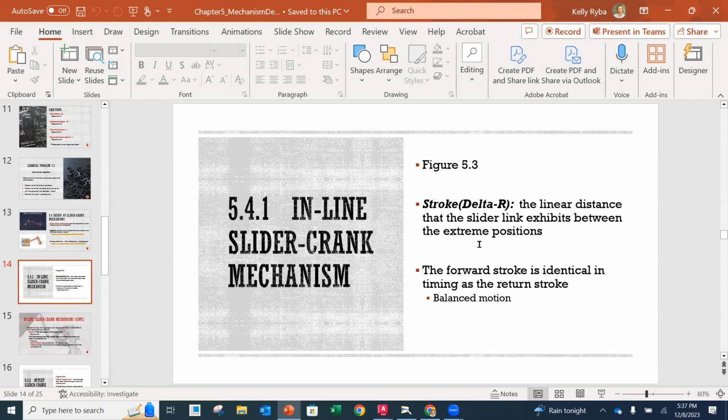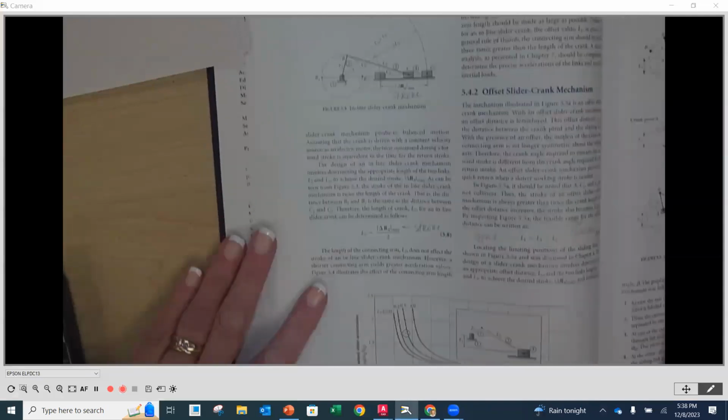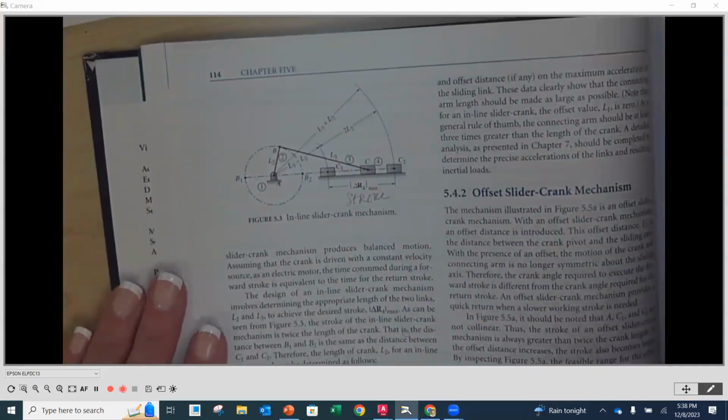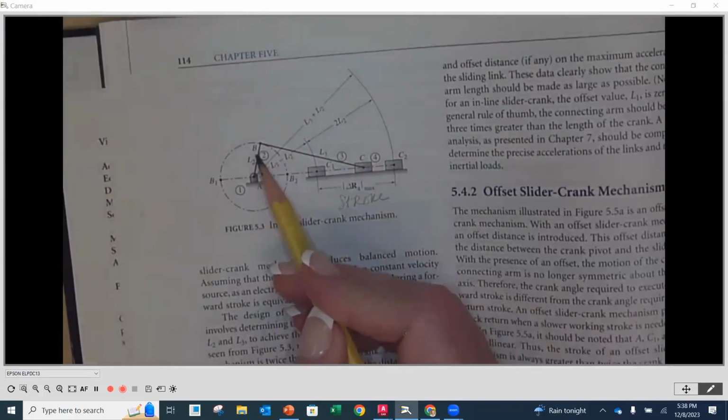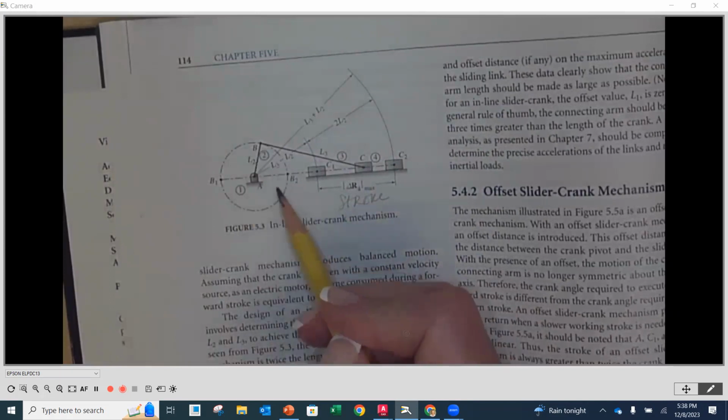So inline crank slider. If we look at our illustration, it looks like figure 5.3 up on the top of page 114. They're referring to this illustration here. First and foremost, we've got our crank, which would rotate all the way around.